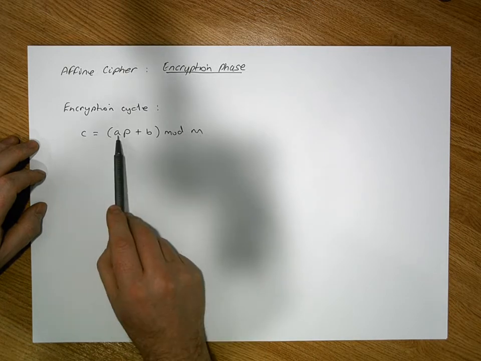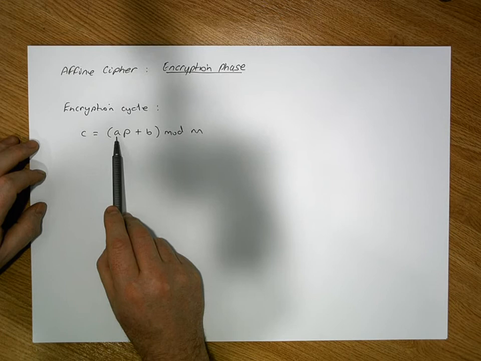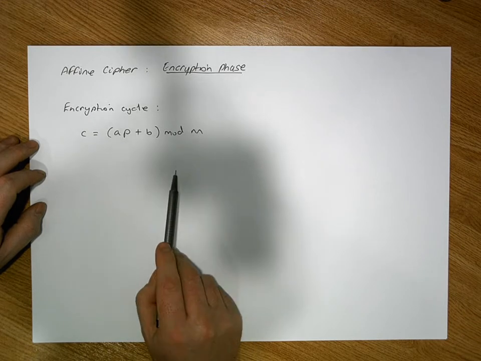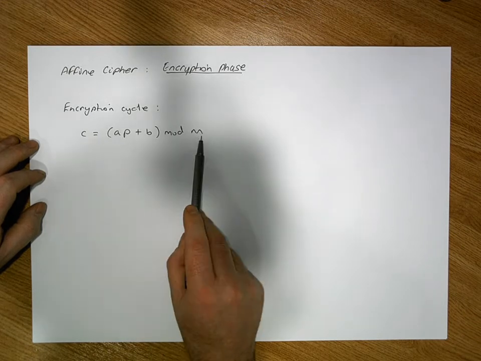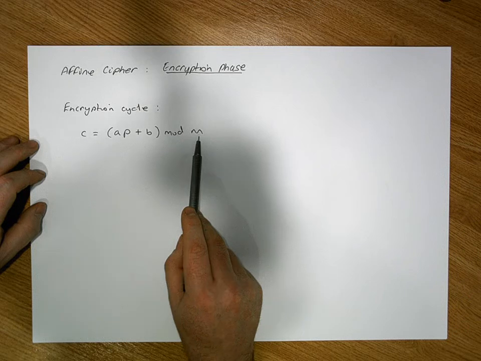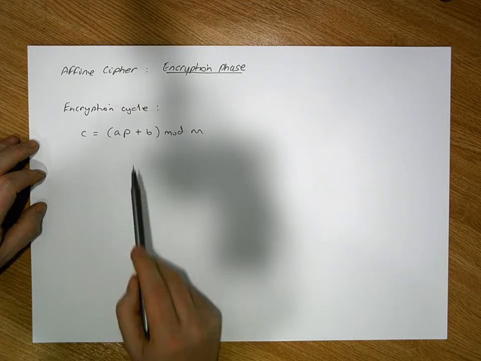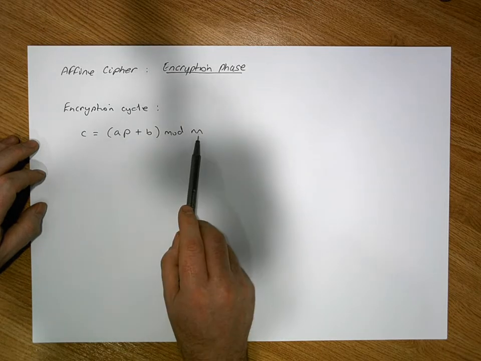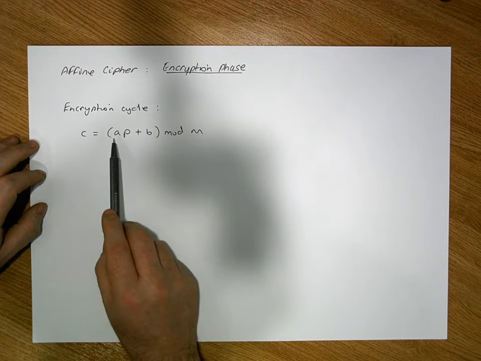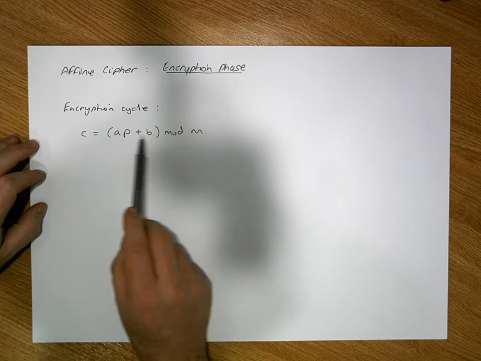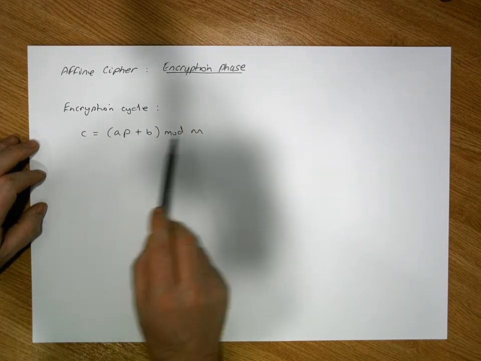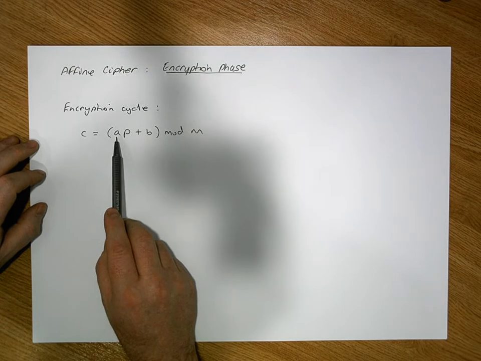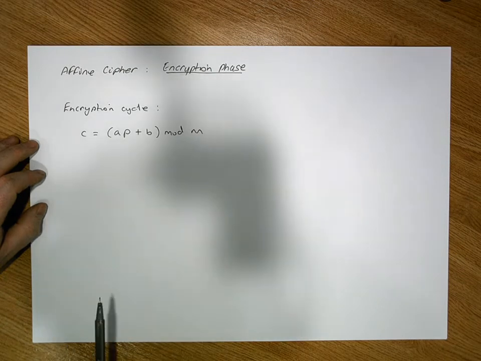When we choose the value a, it must be less than or equal to m, and likewise the value b must be less than or equal to m. One other condition is that a must also be relatively prime to m, which means it should not share any non-trivial divisors with m. In other words, the greatest common divisor of a and m should be equal to 1.